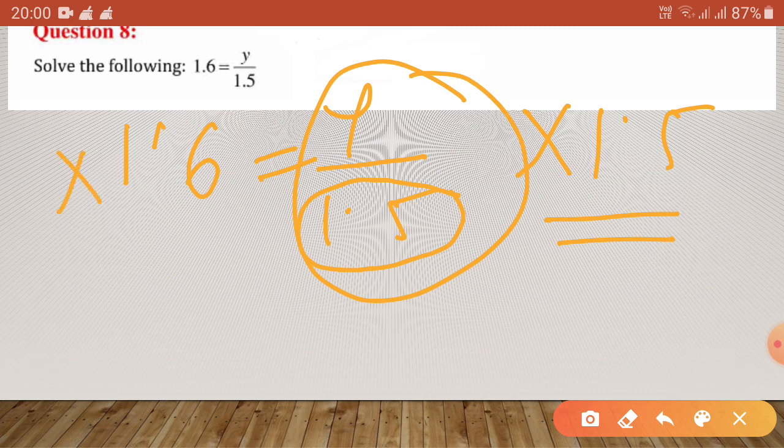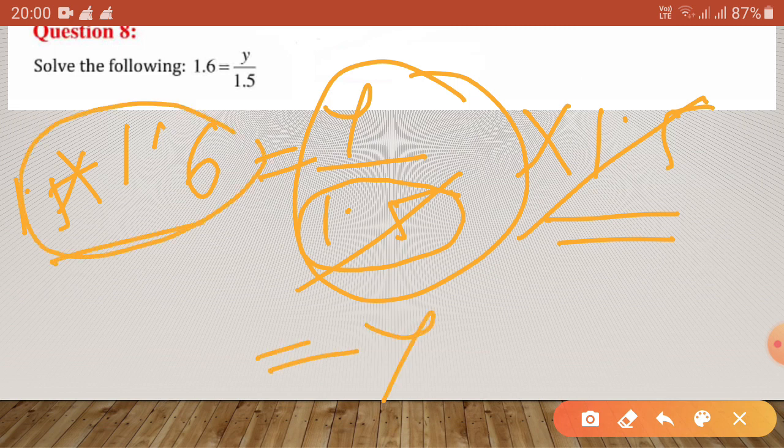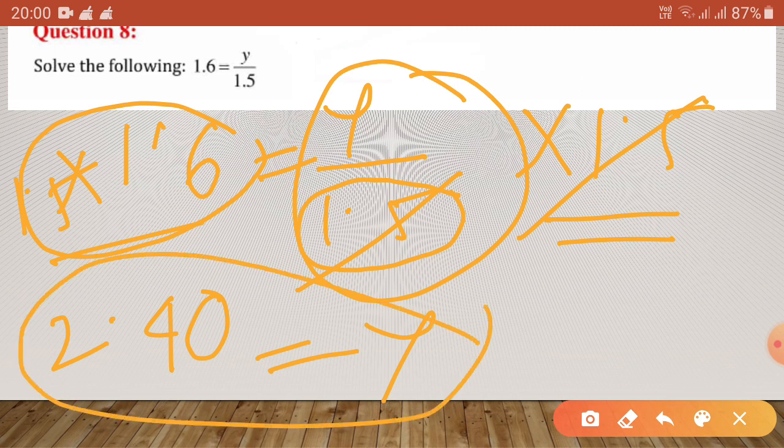Once we multiply 1.5 on the right side, we also have to multiply the left side with 1.5. So if we multiply on both sides, on the right side the 1.5 cancels and gives us y. And on the left side, 1.5 into 1.6 gives us 2.40. So the value of y is equal to 2.40.